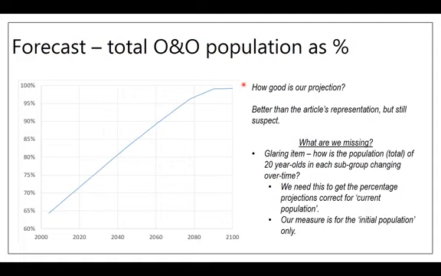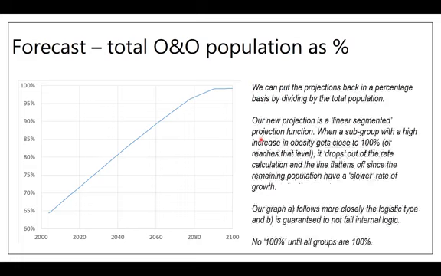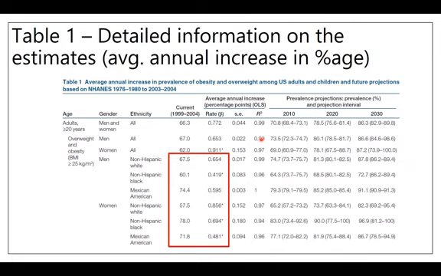That would be a much more complicated model, and to be honest, it's probably why the authors chose their approach back here to do this in percentage terms. If you do this in percentage terms of the population, right? So their current version 67.5, how is it changing over time?